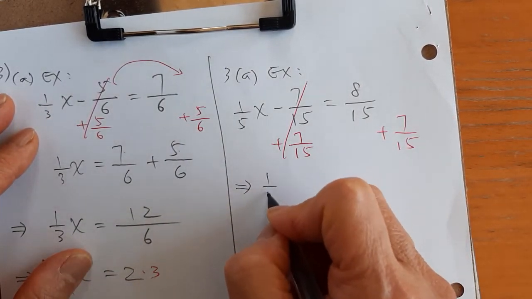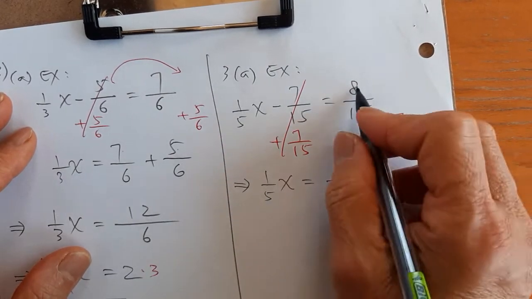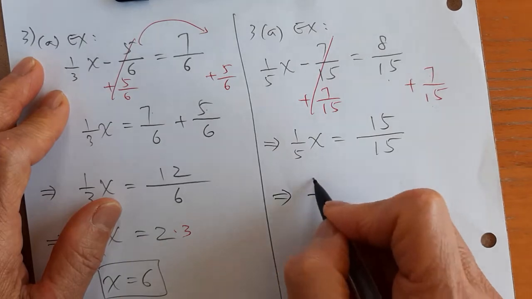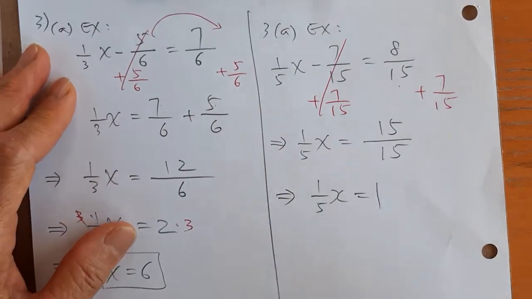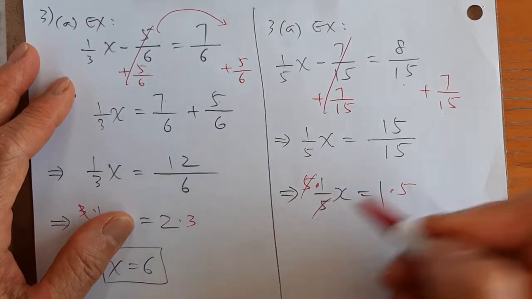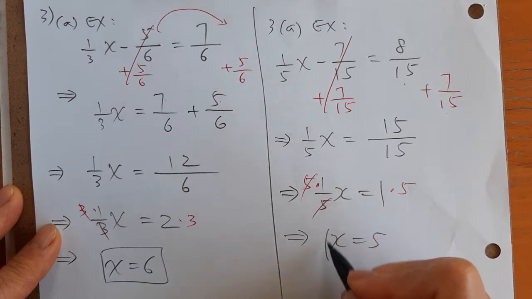So you got 1/5 x equals, same denominator is 15. A add 7 is 15/15, which is 1. So it's 1/5 x equal 1. So then you times by 5 both sides. This 5 cancel. So you will get x equal 5.